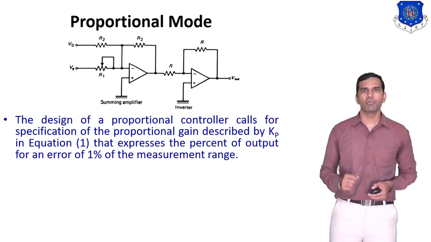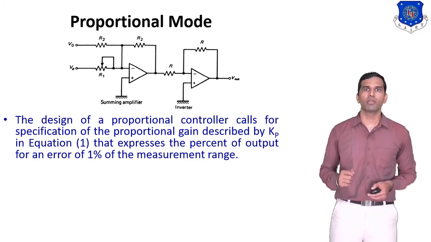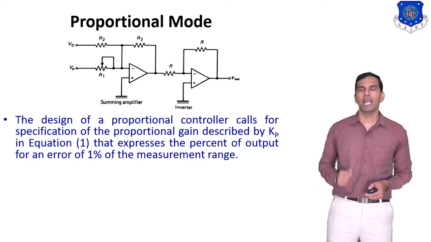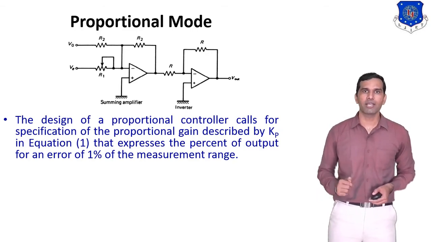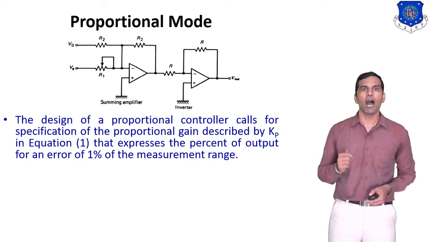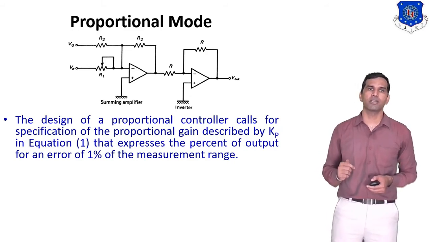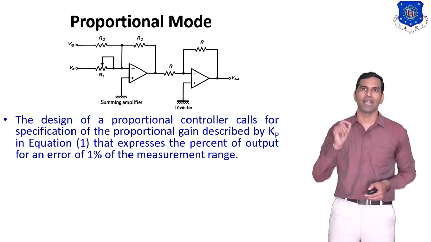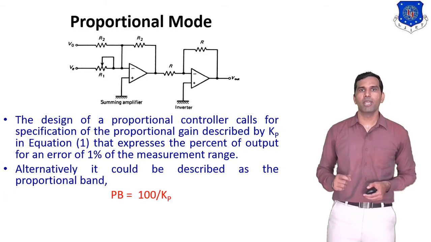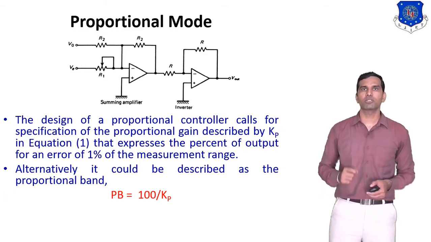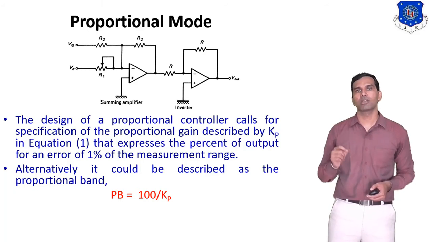The design of the proportional controller calls for the specification of the proportional gain Kp in equation number 1, which expresses the percent of output for an error of 1% of the measurement range. Alternatively, it could be described as the proportional band, Pb = 100 / Kp.